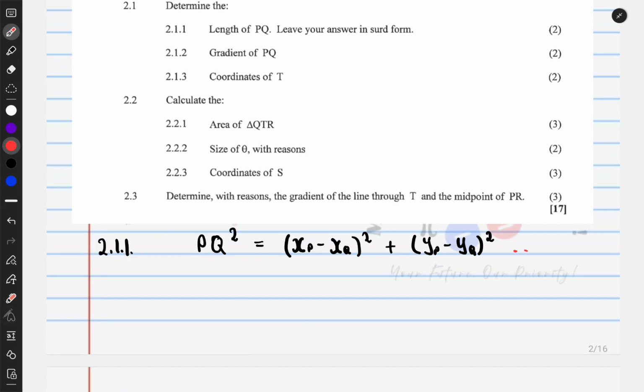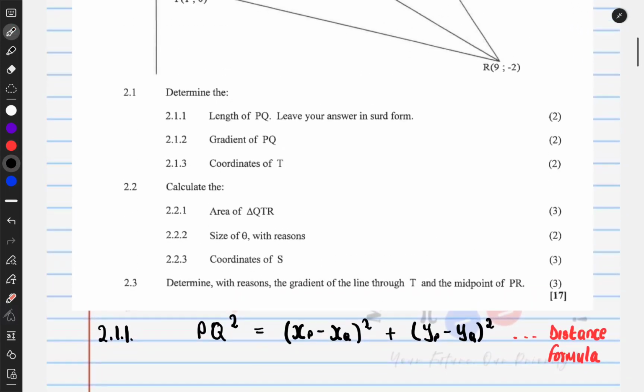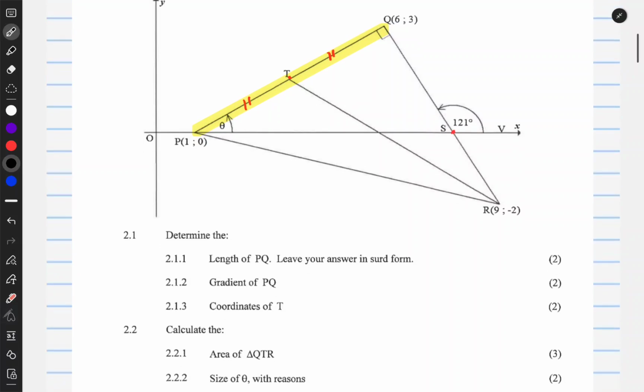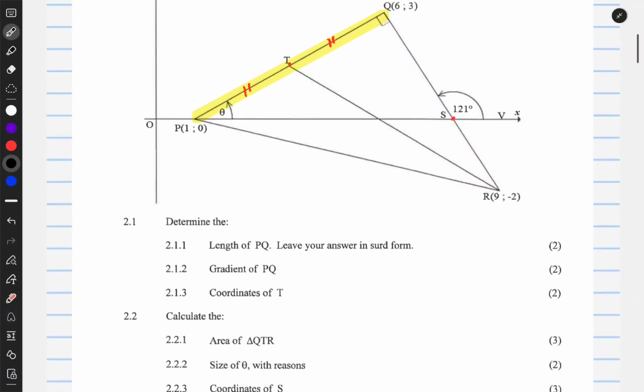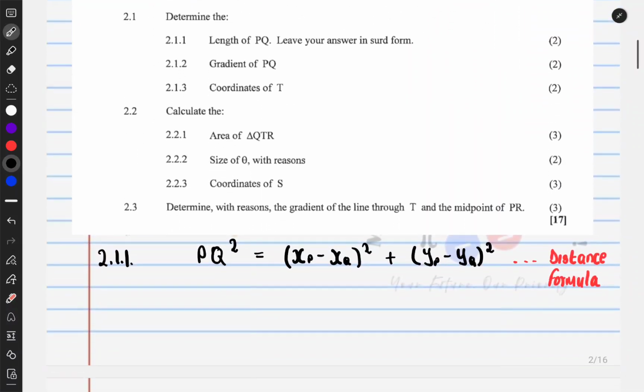This is the distance formula we are using here. I think they're also going to be giving you the distance formula on your formula sheet. Okay, and then let's plug in the values. P is (1, 0), and Q is (6, 3).